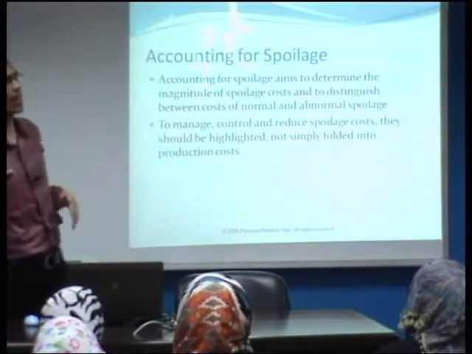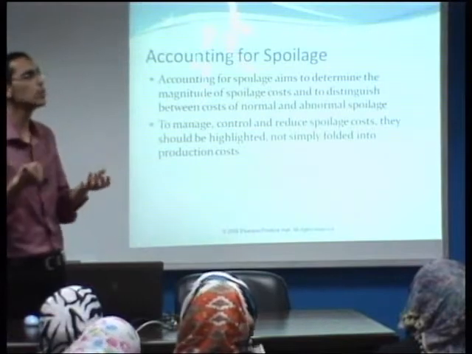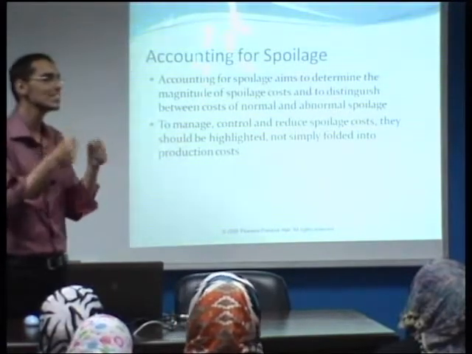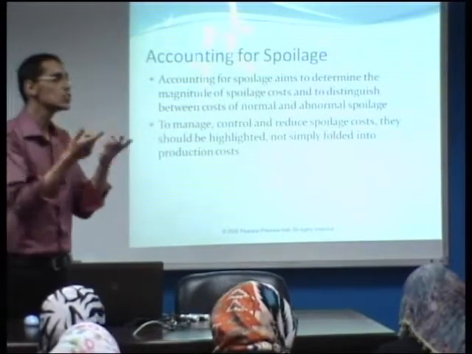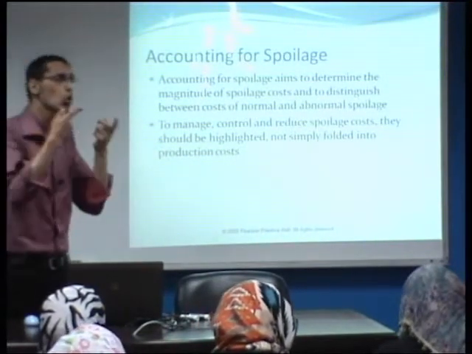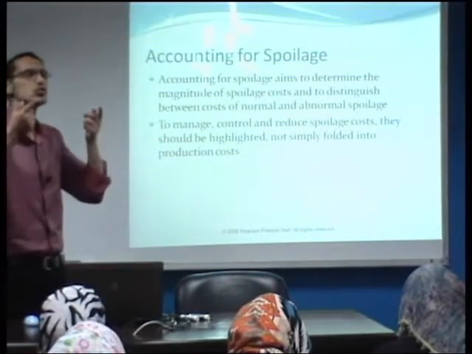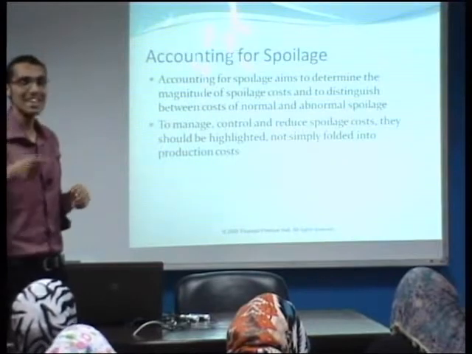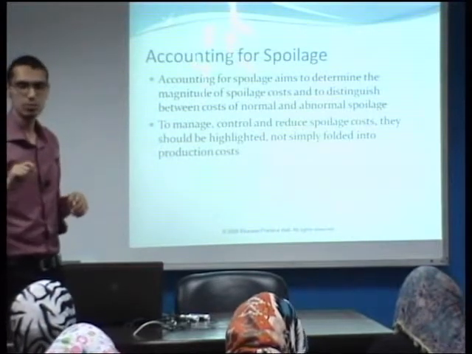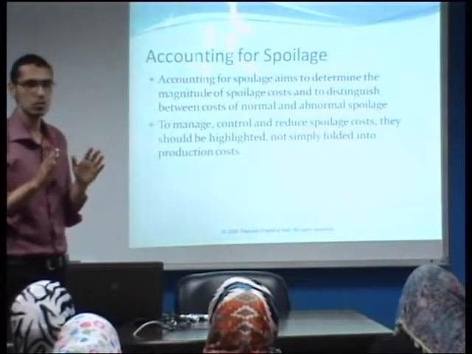Excellent, excellent. How are we going to control spoilage if we do not know the amount of the spoilage? Therefore, in order to manage the spoilage, to control the spoilage, and to try and decrease the spoilage, we need to account for this spoilage. This is an important thing that we need to consider.